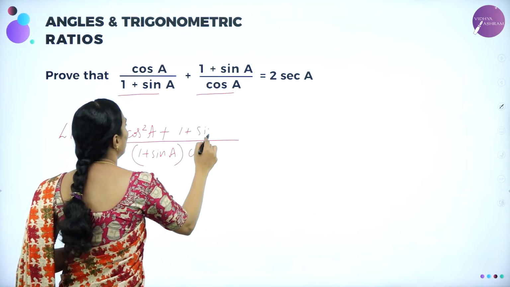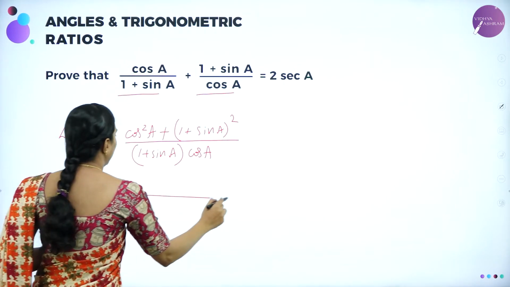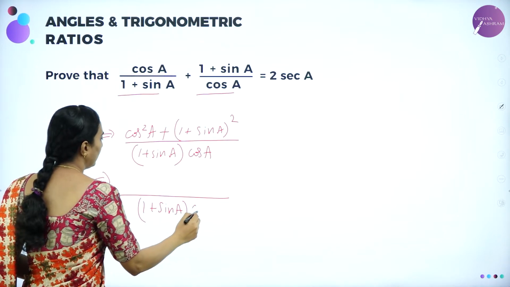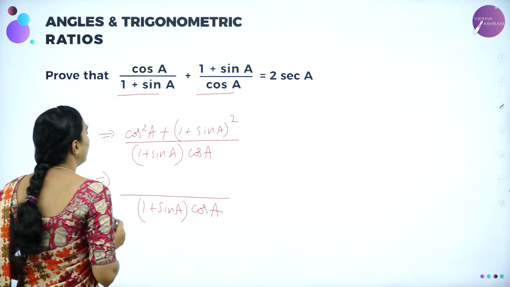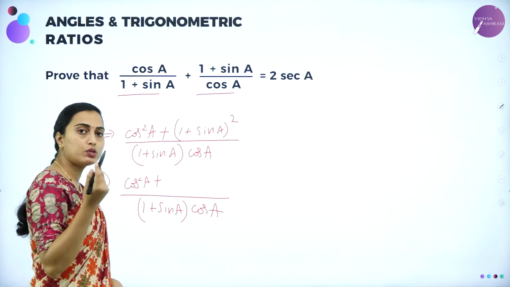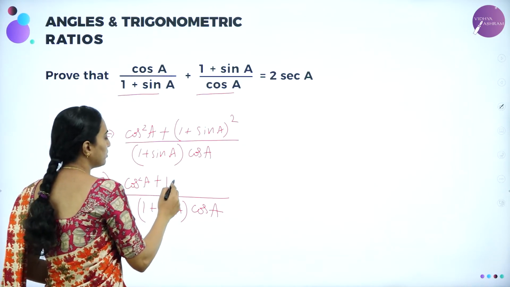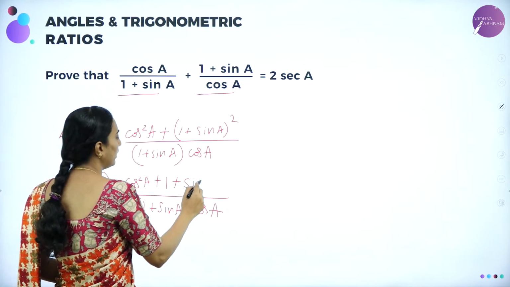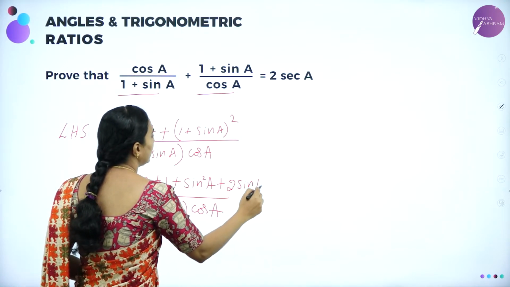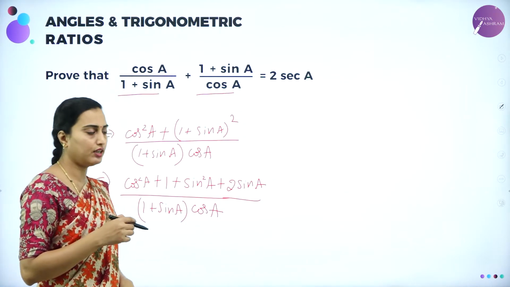So the denominator is 1 plus sin A into cos A, and the numerator is cos squared A plus 1 plus sin A whole squared, which can be written in the form of a plus b whole squared, which is a squared, that is 1 squared is 1, plus b squared is sin squared A, plus 2 sin A into 1, because 2ab. a is nothing but 1, b is nothing but sin A.